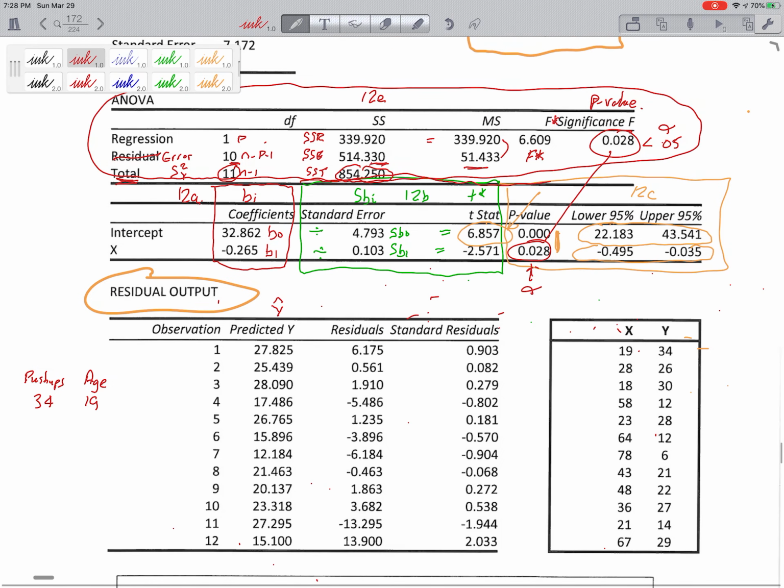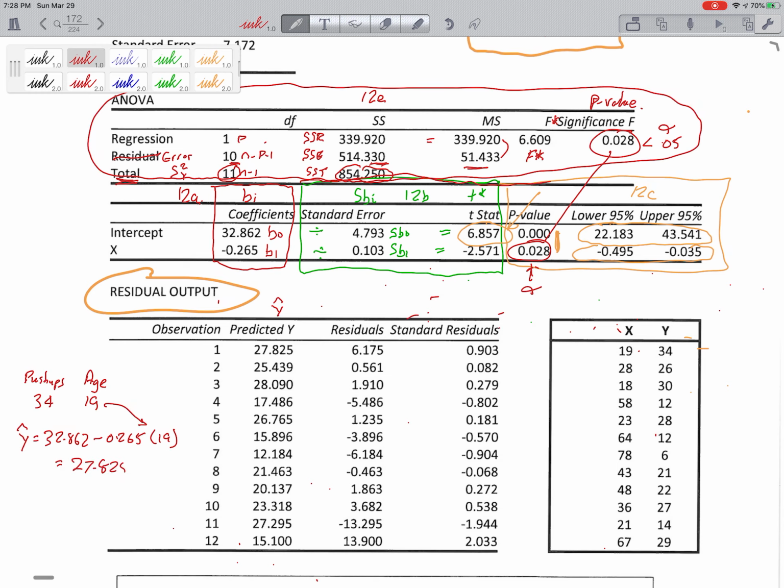But if we stuck that into the formula, y hat is equal to 32.862. Remember, those are our coefficients up here. 32.862 minus 0.265 times 19. So there's the 19.